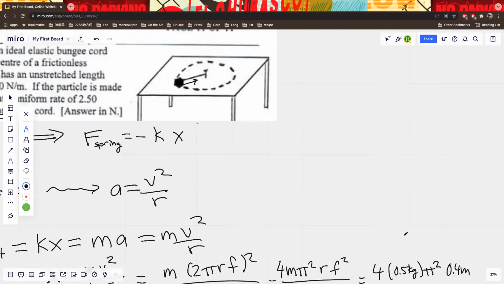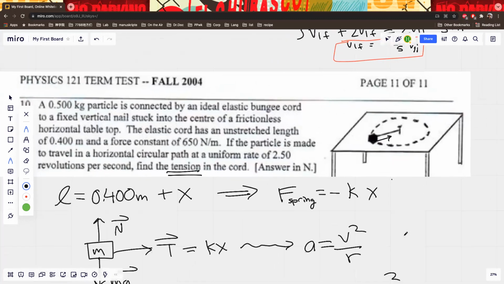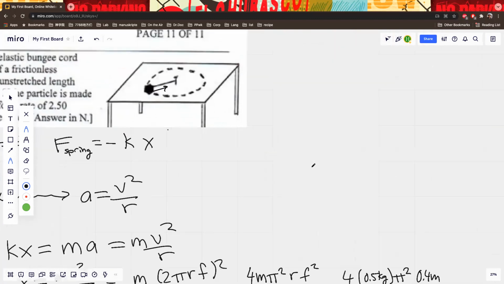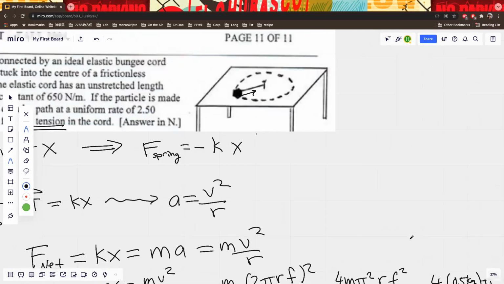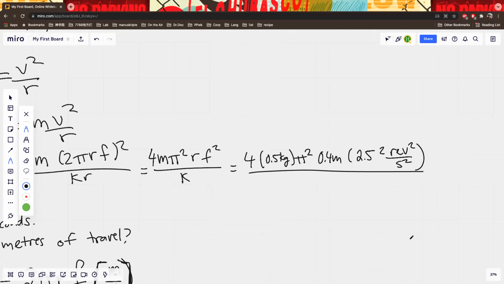Frequency squared is 2.5 revolutions per second, so that will be 2.5 squared revolution squared per second squared, all over 650 newtons per meter.